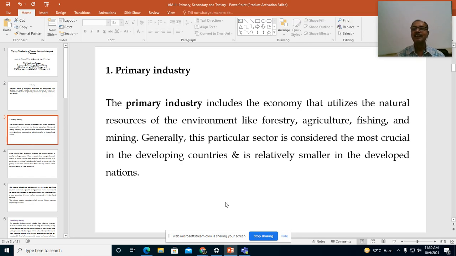Developing countries have more of this kind of industry, but that is why the economic level of those countries is lower in comparison to the service sector, that is the tertiary.